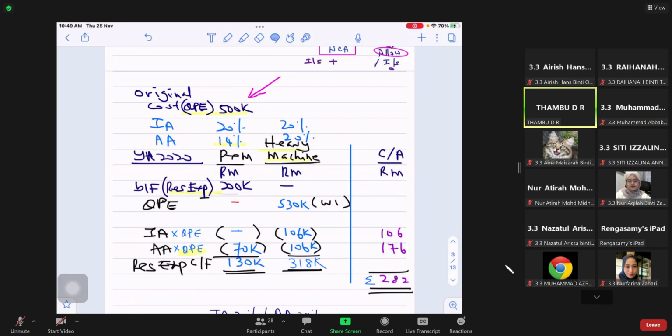If you didn't buy this year, you didn't spend the money this year, so I cannot give IA for this asset. No IA if you didn't buy this year. But AA is given every year. AA is based on the QPE, that is your original cost. How much for machine? Machine is 14%, which is this figure.